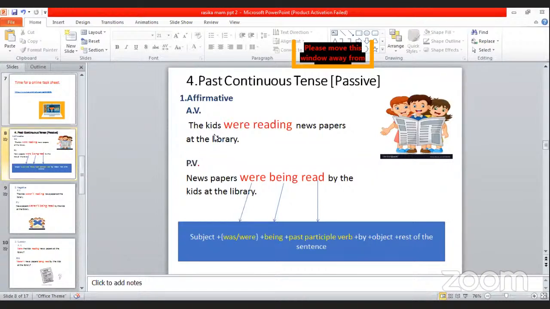Who is reading the newspapers here? Kids. So by the kids, and we can attach the other part, at the library. So what is our affirmative sentence? Newspapers were being read by the kids at the library. Hope you all can understand the affirmative form.